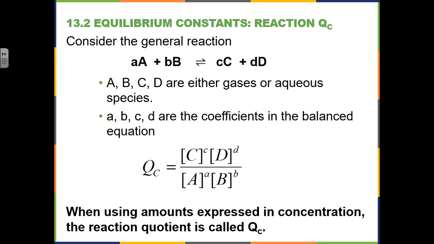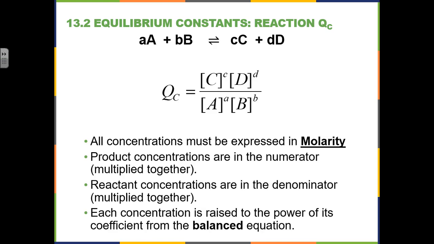Now, when you are using this expression, it doesn't have to necessarily be at equilibrium. It does not have to be at equilibrium. That's why it's called the reaction quotient. And so the reaction quotient must be expressed using molarity, which is concentration, and was covered in the previous discussion.